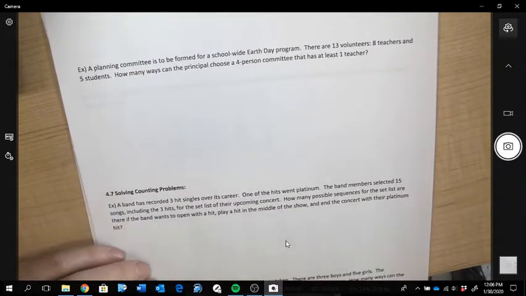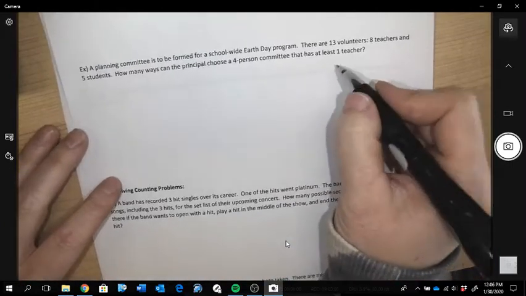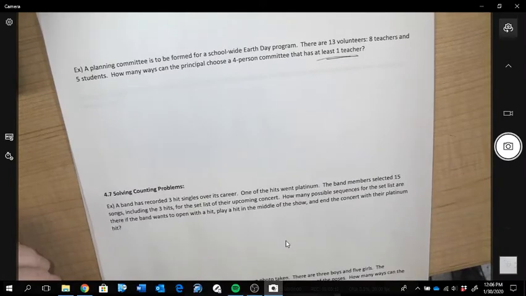Okay, a planning committee is formed for a school-wide Earth Day program. There are 13 volunteers, 8 teachers and 5 students. How many ways can the principal choose a 4-person team that has at least 1 teacher? Okay, so we could do this 2 ways.